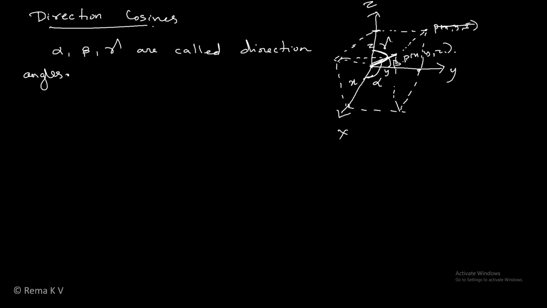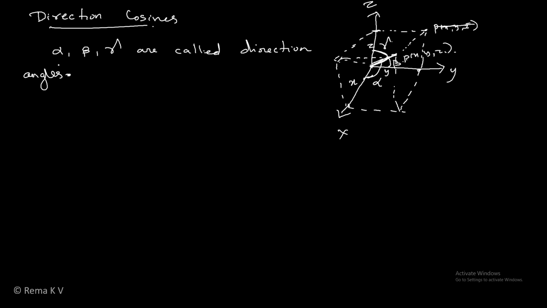We are considering the directed line segment OP, and it is the position vector of the point P (x, y, z). This line segment makes angles with the x-axis, y-axis and z-axis, which are taken as alpha, beta and gamma, known as the direction angles.